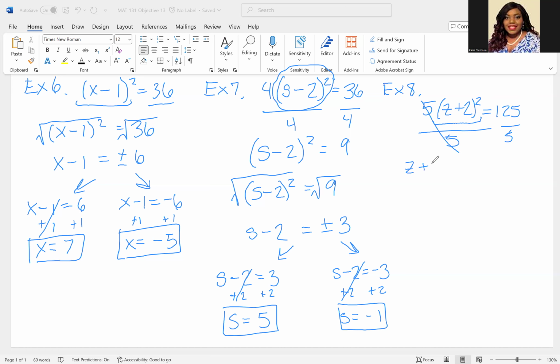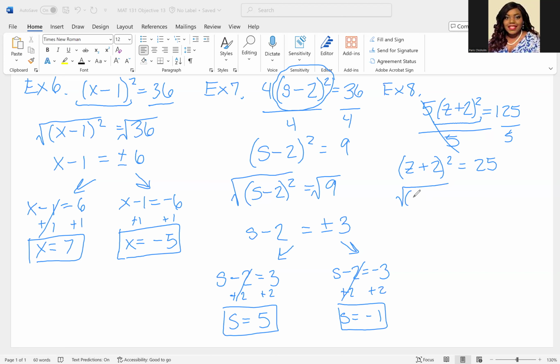That is going to leave us with (z + 2)² equals, and 125 divided by 5 is going to be 25, okay?